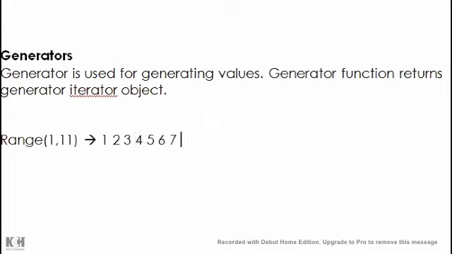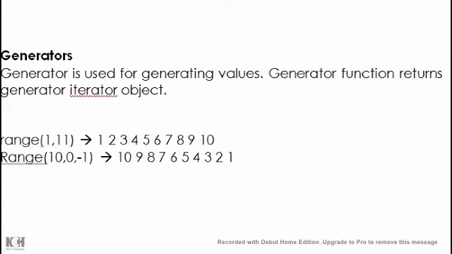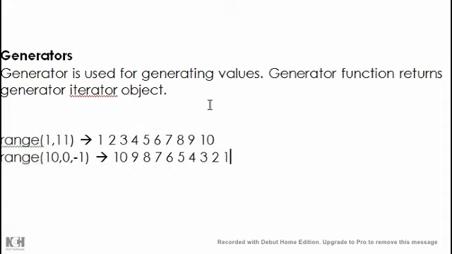If I say range 10 comma 0 comma minus 1, this will generate the values 10, 9, 8, 7, 6, 5, 4, 3, 2, 1. So range is used for generating a sequence of values.